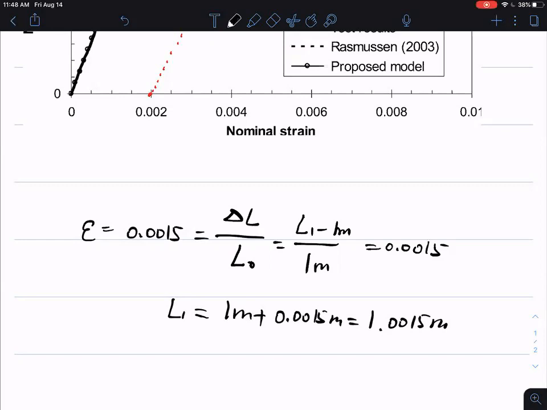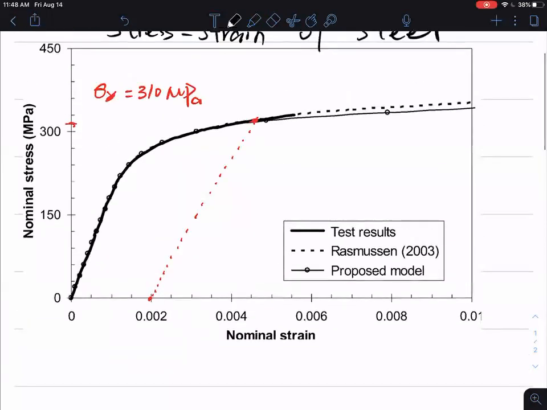Is that deformation plastic or elastic? Elastic, raise your hand. Plastic, raise your hand. Okay. Come back to the diagram. 250 is somewhere around there, right?